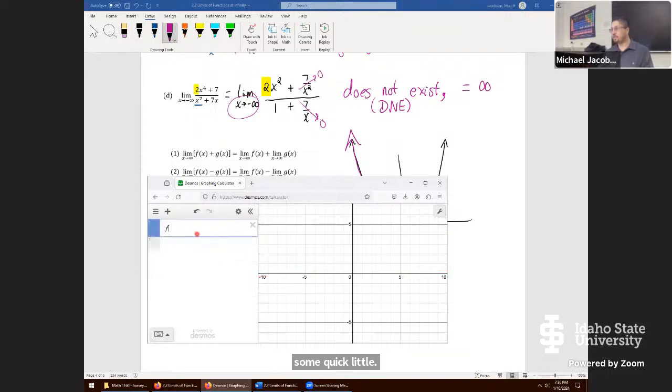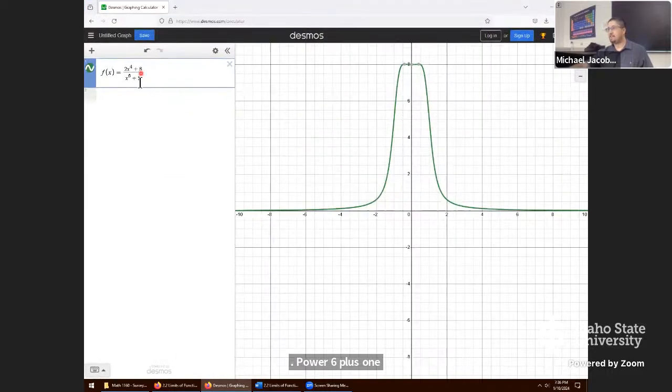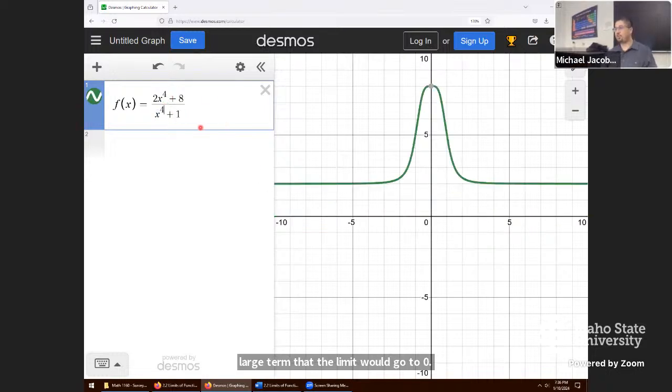If we had a function f of x equals 2x^4 plus 8 over x^6 plus 1, with that x^6 right there, it is such a large term that the limit would go to 0. If we put this down to a tie, now power 4, the limit on this one is going to be 2. It has a horizontal asymptote getting closer and closer to 2. That's just because there's a balance between the numerator and the denominator.